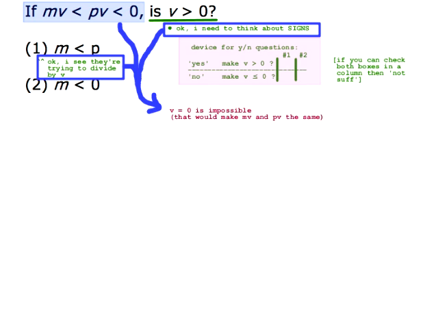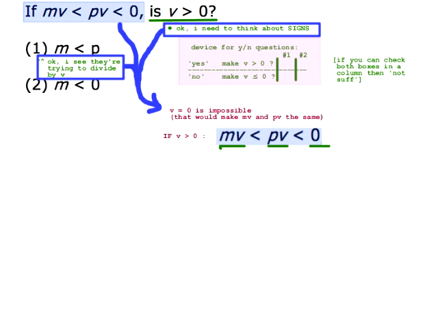If v is positive, and I'm going to be super lazy and just copy and paste this, if v is greater than 0, then we can divide all three sides of this inequality by it.